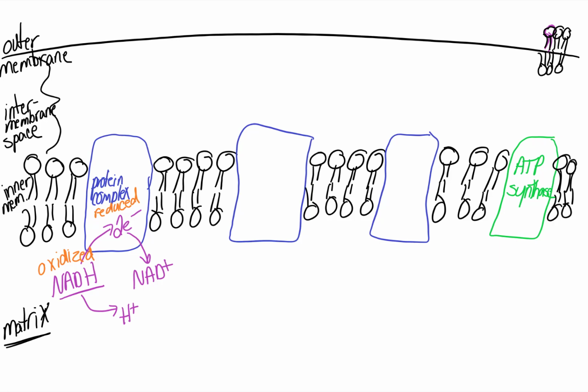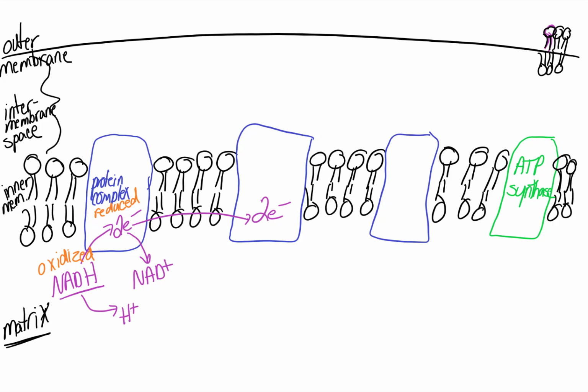Now, some energy is released here, but some energy is still going to be associated with those electrons, and those 2 electrons will continue to be transferred, what we say, down the electron transport chain, each time releasing a little bit of energy through that redox reaction.